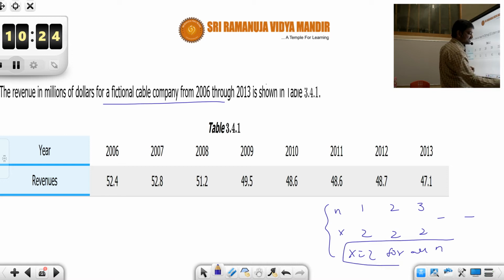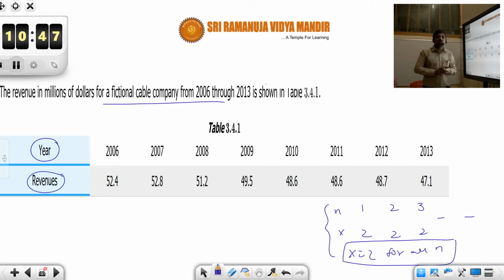So this x is equal to 2 is the equation which represents the values of x for different values of n. Similarly, if we try to model, modeling means finding the relation between the output quantity which we are interested in, with respect to the input quantity, that is, we want to know how the revenue has varied each year.